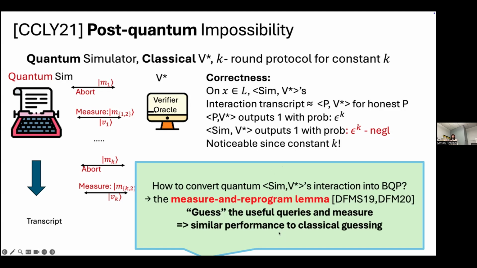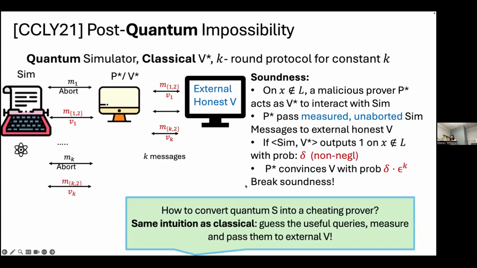This is very much an analog of the classical setting, where you randomly guess queries of the adversary and reprogram the random oracle. Here, the quantum version is simply: guess the queries, measure the query, and reprogram the oracle. This works well for this setting because you only have to guess constant many messages, and you have a similar analysis to the classical case.